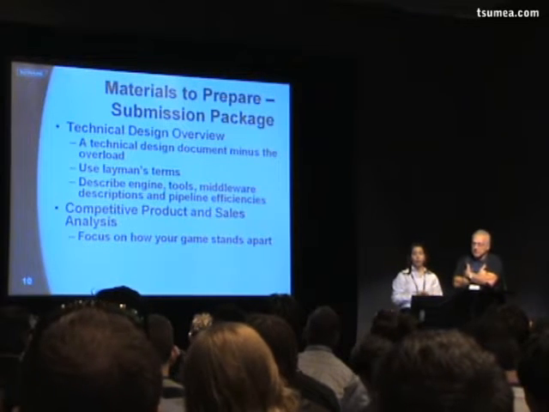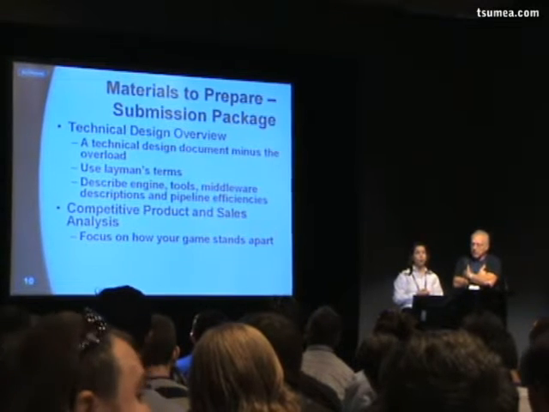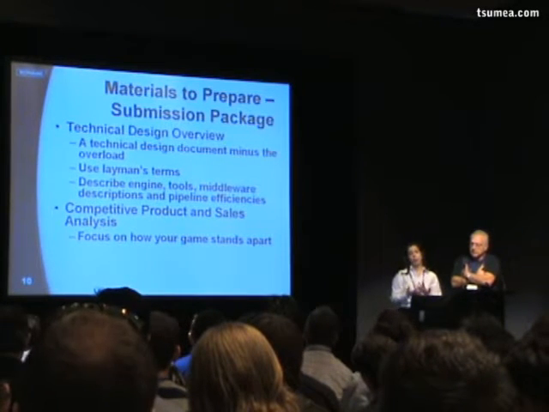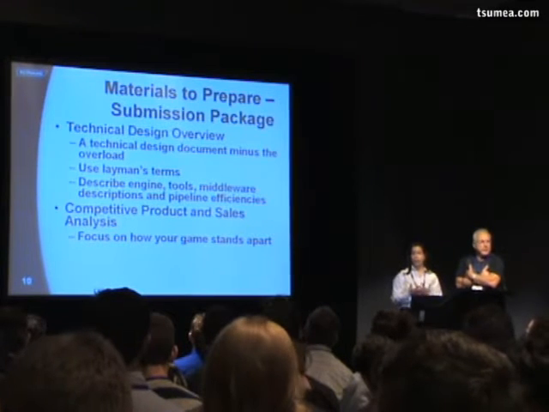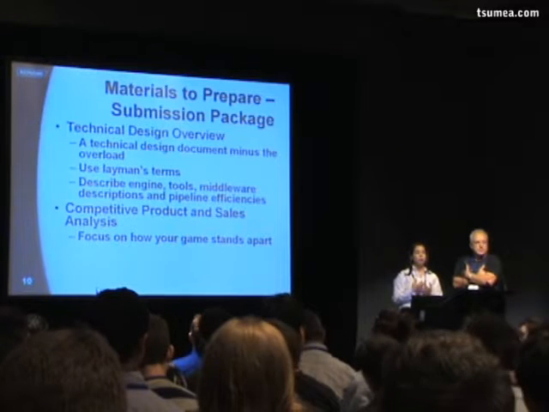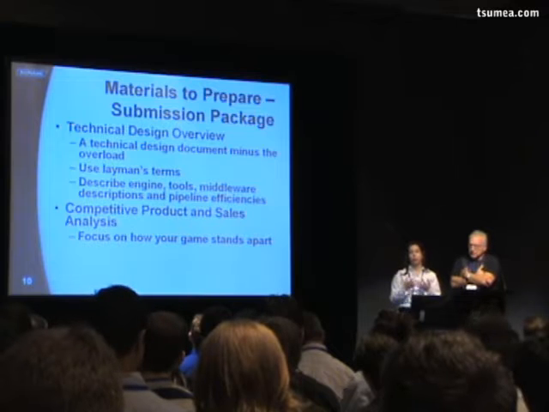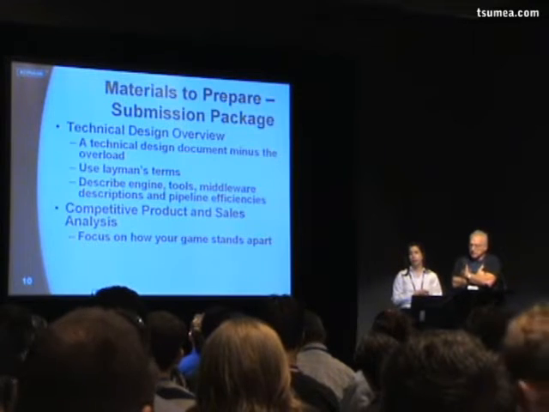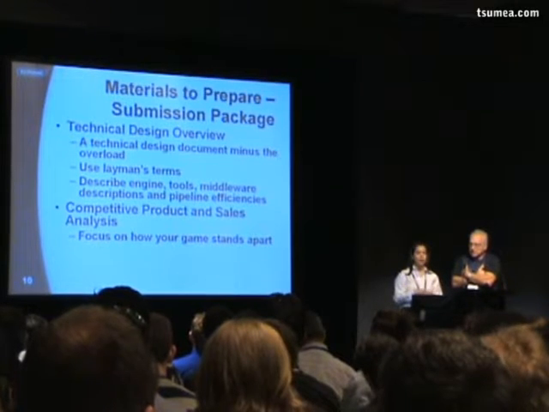All right, a technical design overview. It's a small technical design document that really just goes over what your capabilities are, what your engine is, and the middleware solutions that you're using, any additional tools or high-level efficiencies that you have. What we really like to do is a studio visit, even if the title is smaller than a 500-page title, just because you really want to see your team working together.